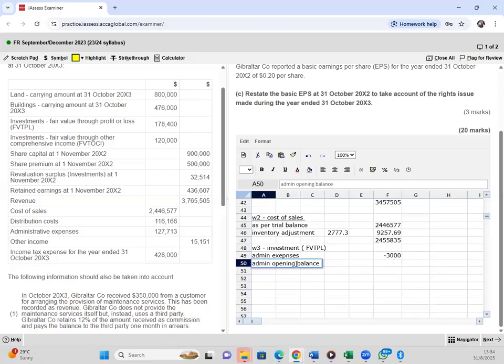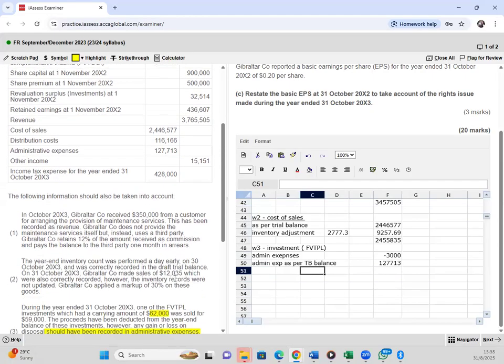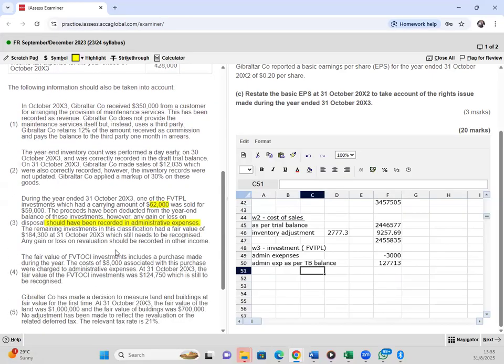Admin expenses in the trial balance, we were given 127,713. We're done with the additional information. For now, that is what is affecting admin expenses in our adjustment.